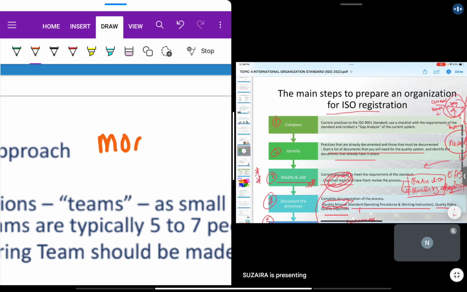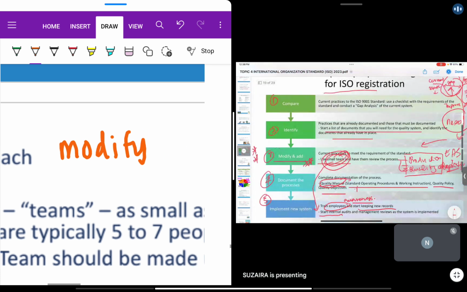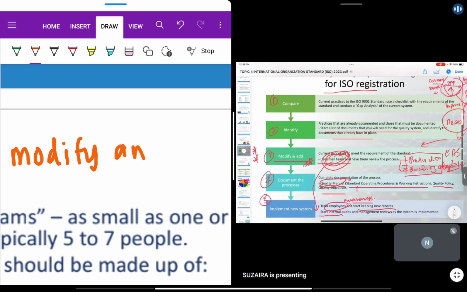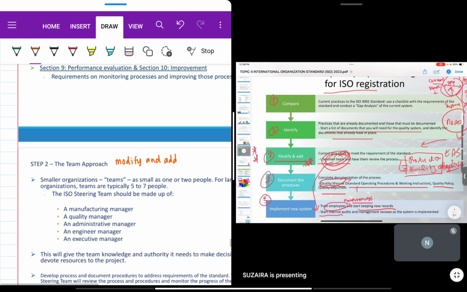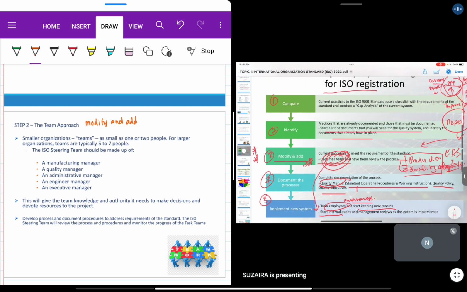This actually reflects the step-by-step guideline. This is the main one, but you can also refer to the step-by-step guideline.